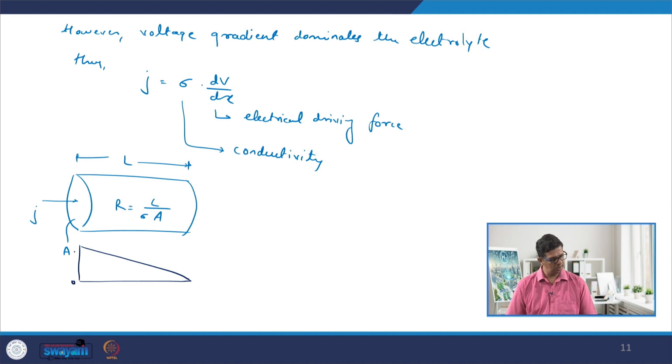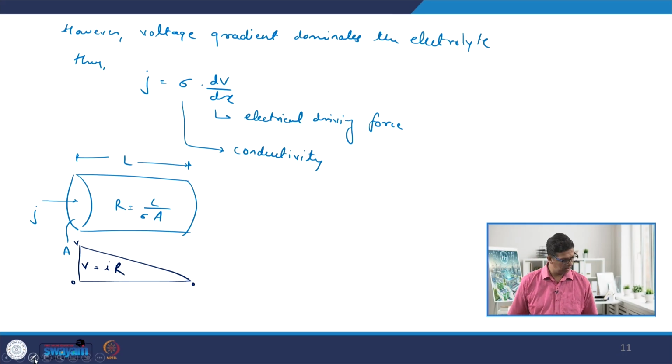So, this is 0 to V, the potential difference V over L, which is lost while we carry this current I through this conductor having resistance R. So, this is the energy that gets lost in taking this I amount of charges per unit time from surface A to the other end through this conductor having conductivity sigma.